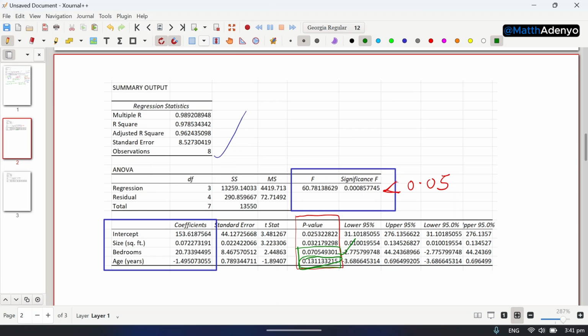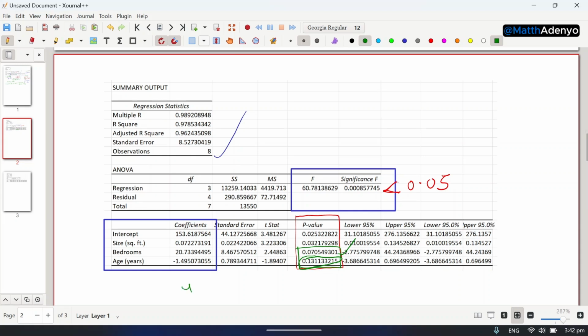Now let's do this one, and then we'll do another one again, excluding the age, and see how our model fits. So we know that this multiple linear regression has 3 independent variables.